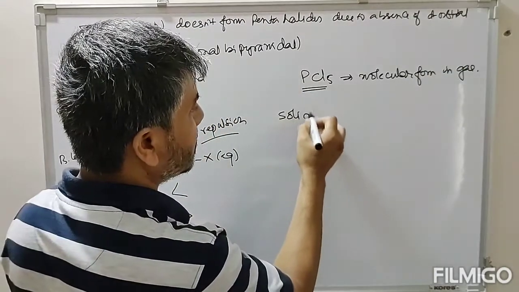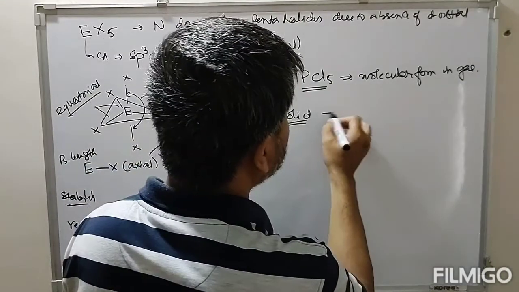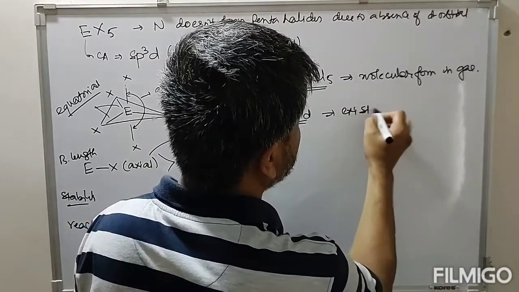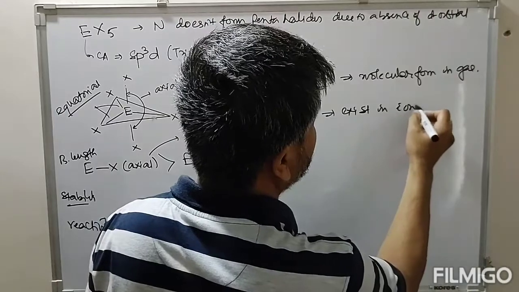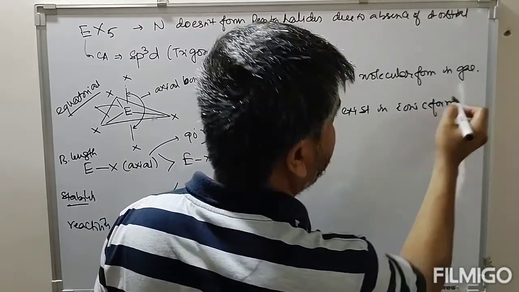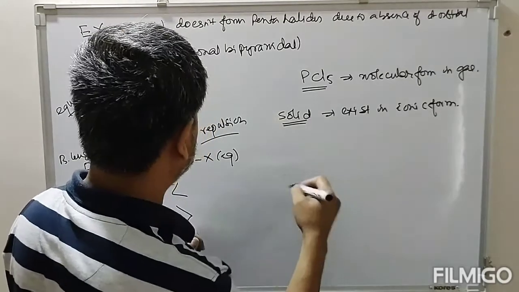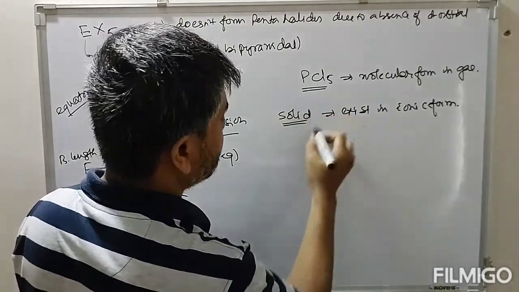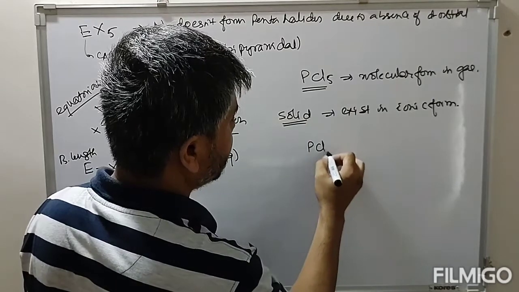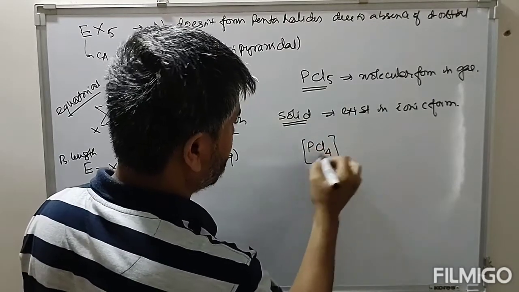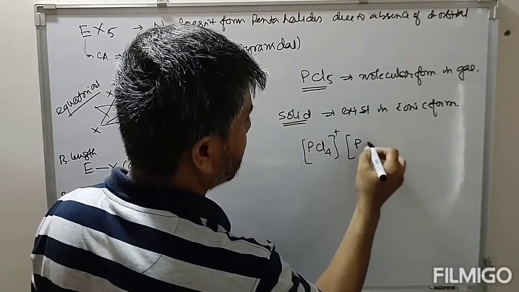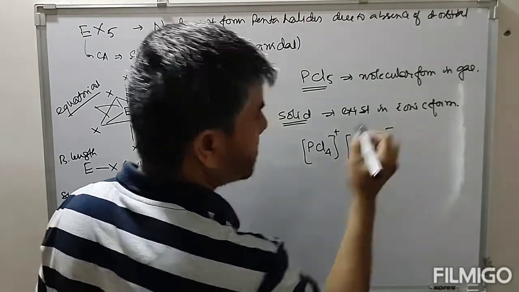In solid, it exists in ionic form, as PCl4+ and PCl6-.